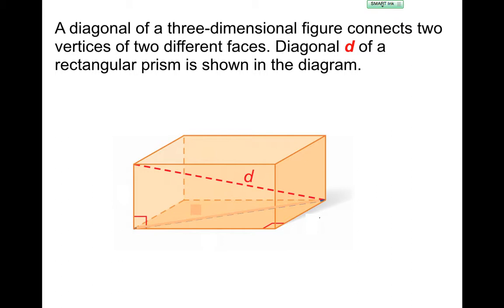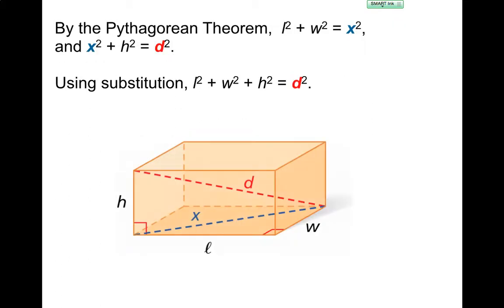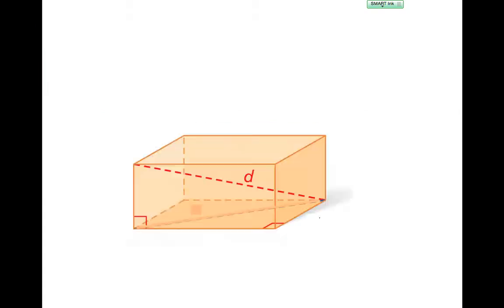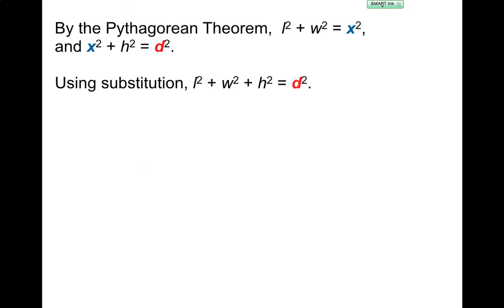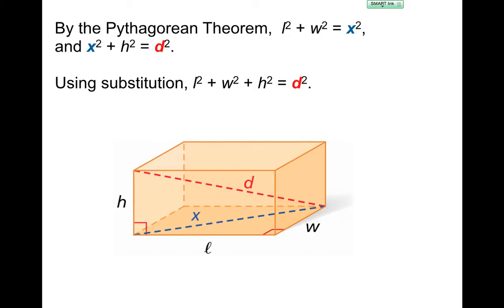To come up with that the long way, you could do the Pythagorean theorem a couple times. This is kind of the long way. If you know the length and the width, you could use the Pythagorean theorem to find the distance across the bottom diagonally.